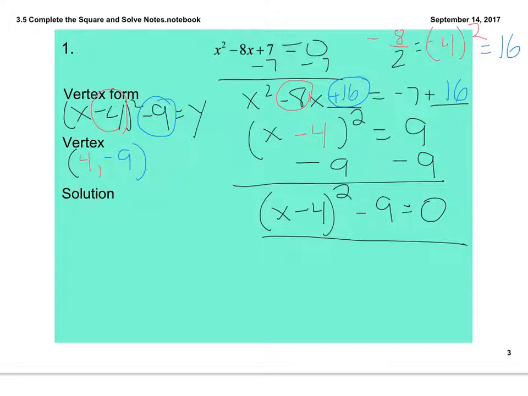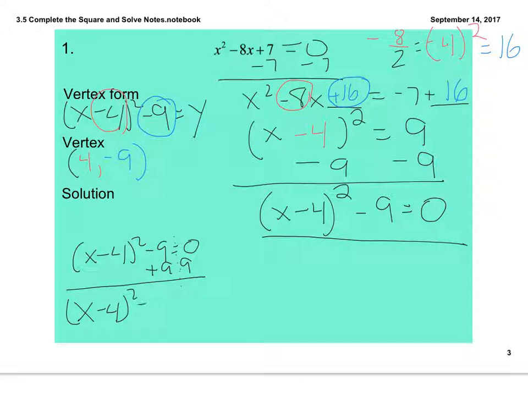Now, to solve, we have our equation equal to 0. So what we are simply going to do is x minus 4 quantity squared minus 9 is equal to 0. I'm going to move the 9 back over to the other side here. And what I get is x minus 4 quantity squared is equal to 9. Now, at that point to solve, I'm going to take the square root of both sides of the equation.